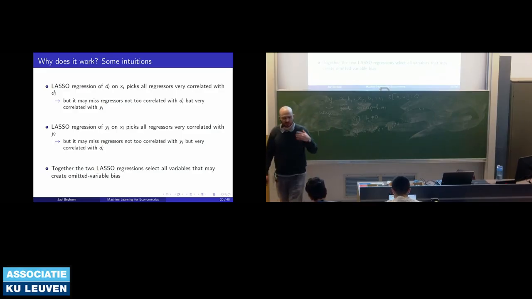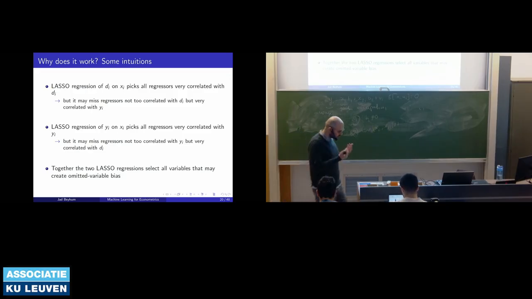To solve that, you can use double selection, where you run two lasso regressions, one to select variables very correlated with di, and another one to select variables very correlated with yi. And when you take the union of variables selected at these two steps, then you have all the variables that can create substantial omitted variable bias. That's what's happening here.